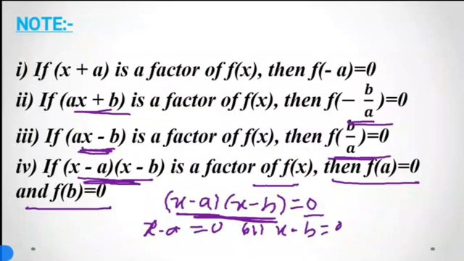So x minus a equals 0 and x minus b equals 0. Now if you solve for x, we get x equals a and x equals b. So here f of a equals 0 and f of b equals 0. I hope everyone understood these four notes. So now let's move to another example.